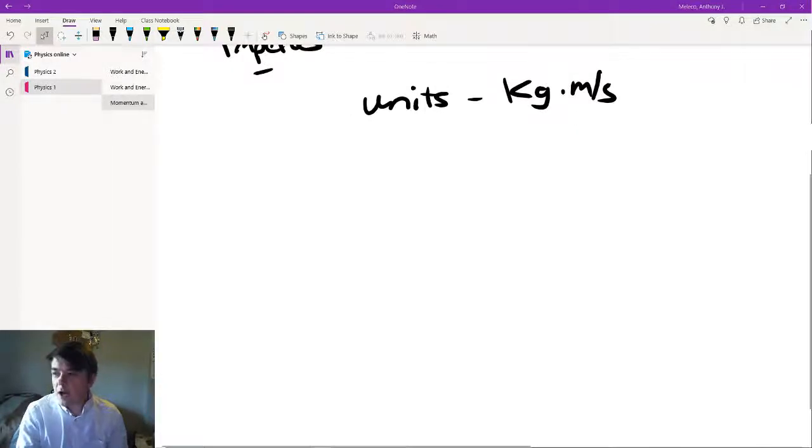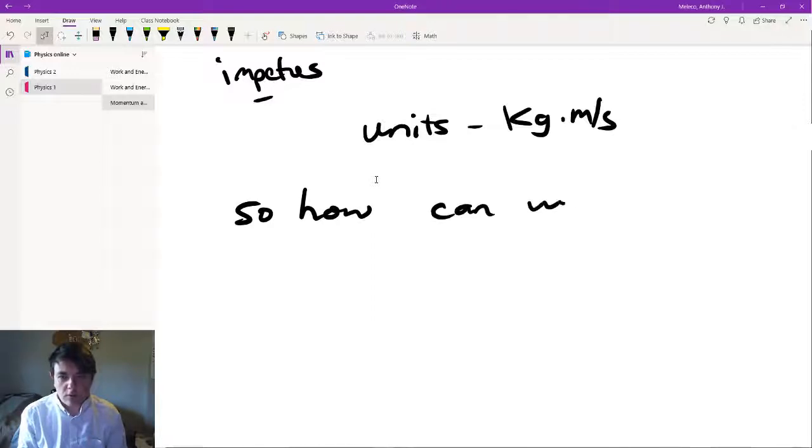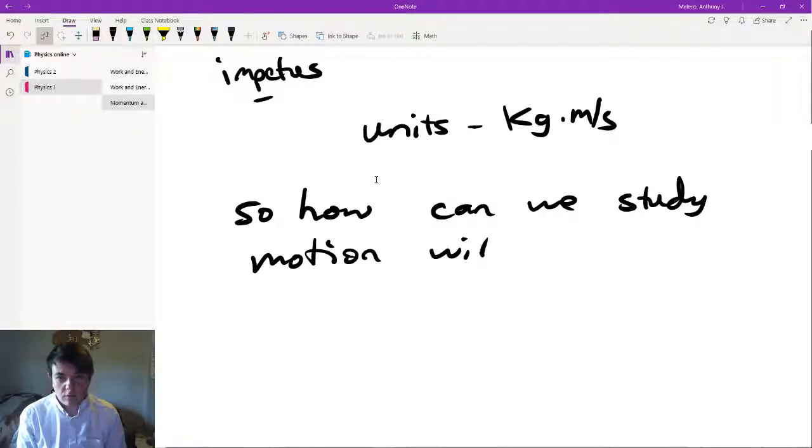So how do we actually make this useful? I've just defined it as mass times velocity, right? So how can we study motion with this?